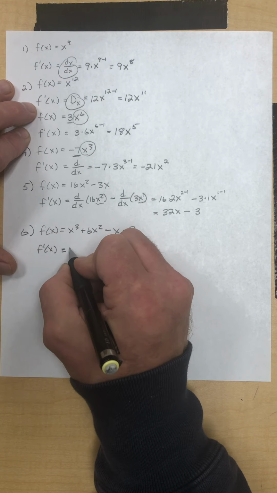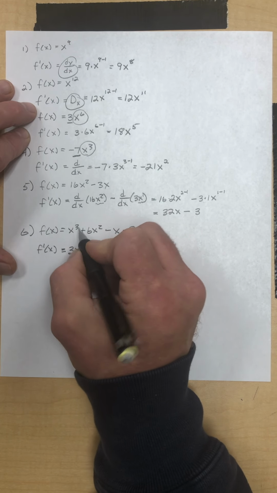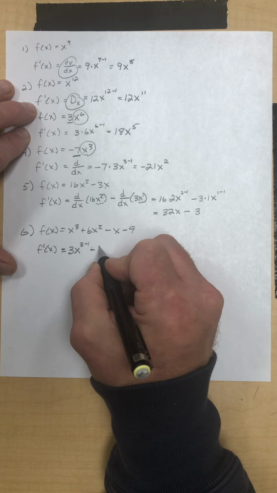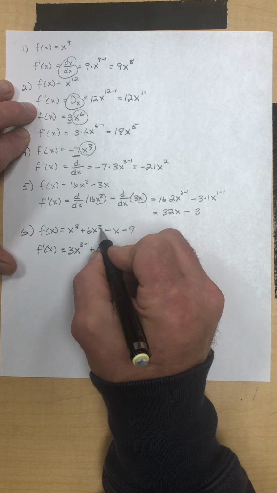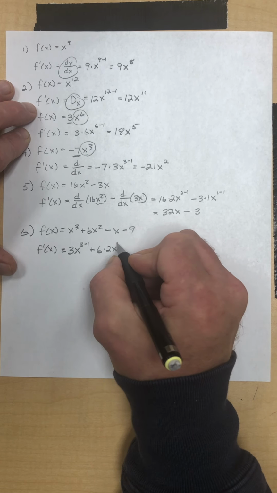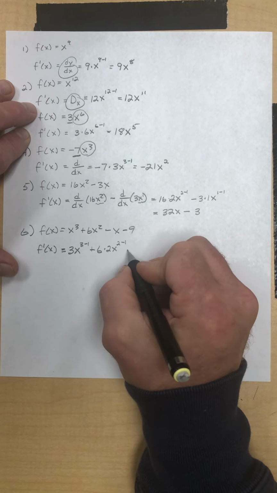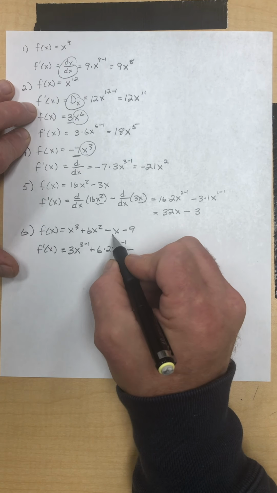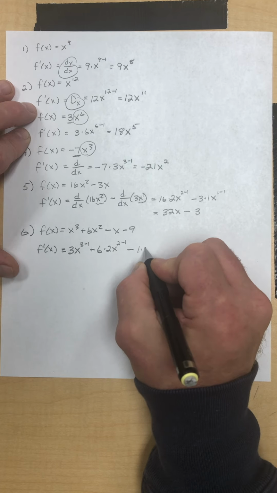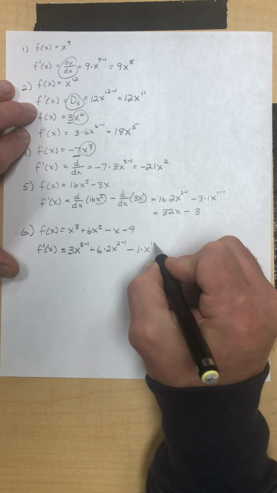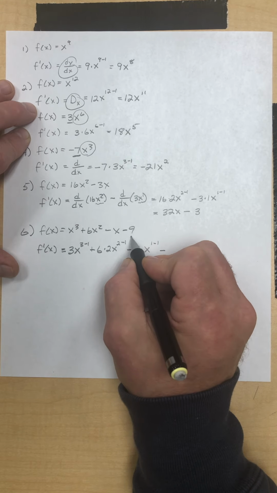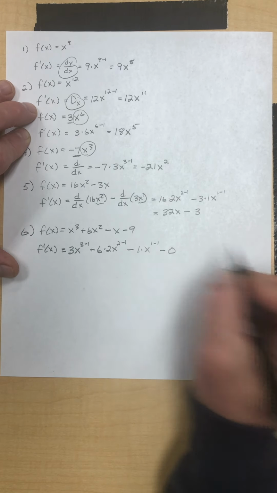Bring the 3 out front, x to the 3 minus 1 power. Plus, you've got a 6 out front, and then take the derivative of x squared, so bring the 2 out front, x to the 2 minus 1. Minus, notice you have 1x to the first, so bring that 1 out front, and then it would be 1 minus 1. And then minus, anytime you take the derivative of a constant, you get 0.